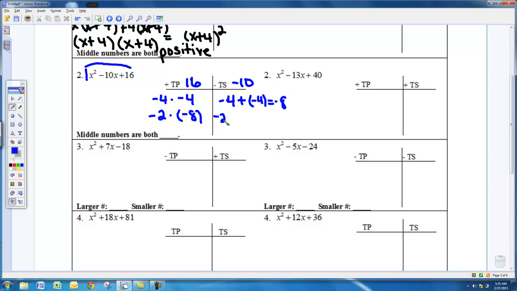Well, when we add those together, negative 2 plus negative 8, that does give us a negative 10. Okay, so now we're ready to split the middle. I'm going to split negative 10x up into negative 2x and negative 8x.